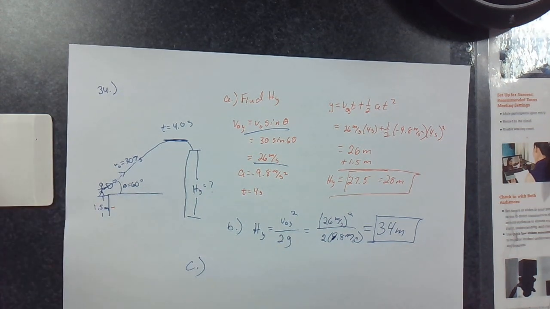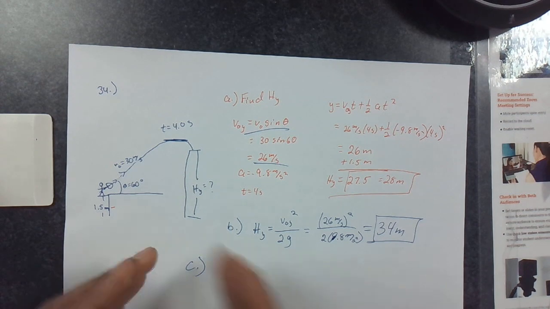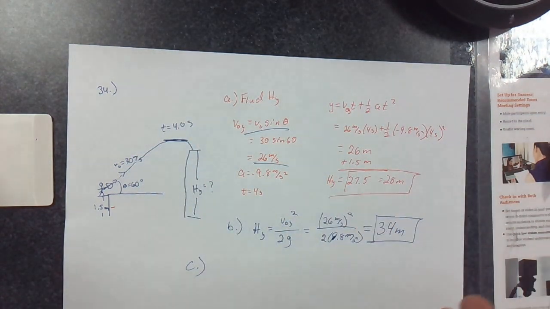Part C. What is the arrow's impact speed just before hitting the cliff? So we have to find our vf for both y and x. Remember, in the x direction, we have no acceleration, correct? So our initial velocity in the x direction is the same as our final velocity in the x direction.